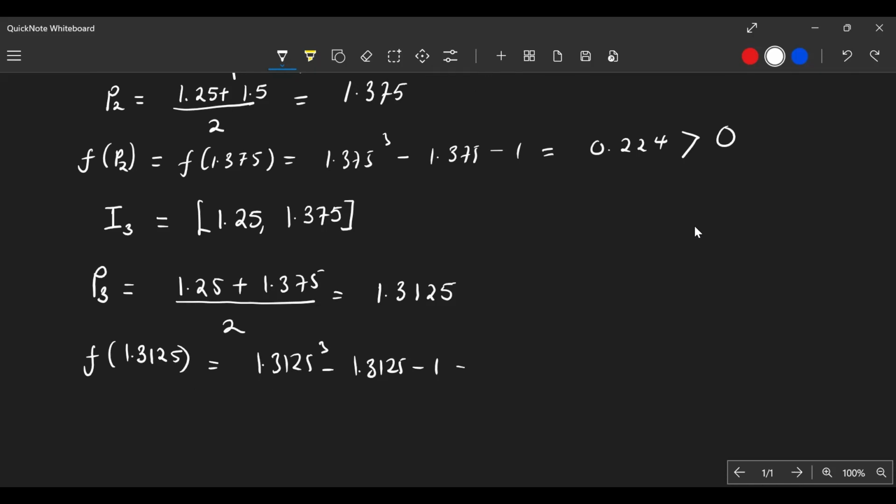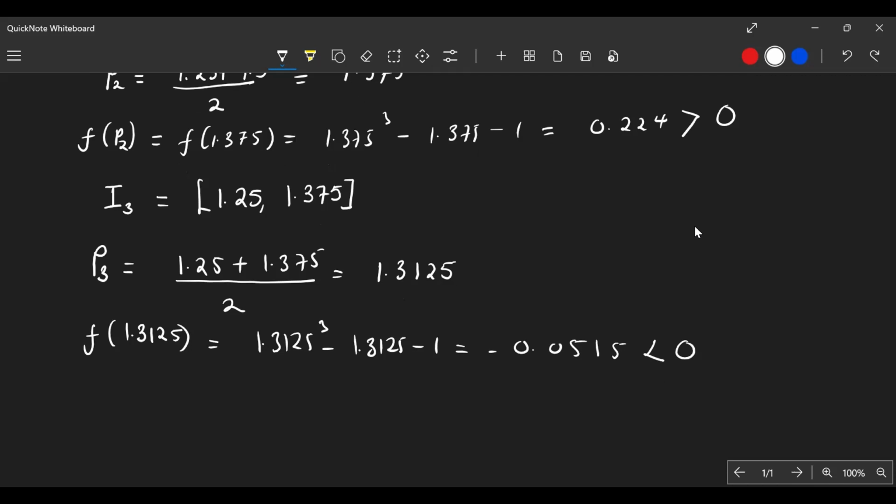So I'm getting negative 0.0515, and this is less than 0. So now again, you know what we're supposed to do. This is negative. It means that from this interval, remember that 1.25 gave us a negative, and 1.375 gave us a positive, right? So the negative one now will be displaced by a new value, which is 1.3125.